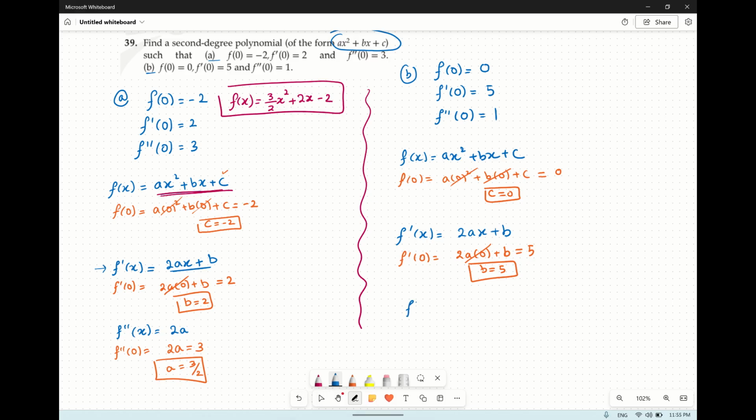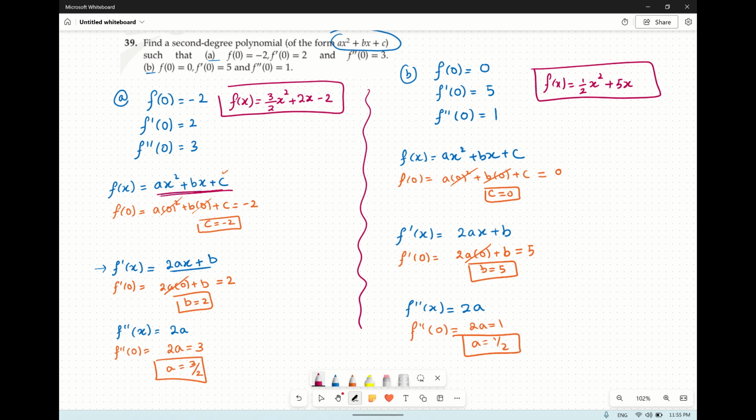Now f double prime of x is going to be 2a, and they are saying that f double prime of 0 is 1. So 2a is 1, so a is 1 over 2. So now I go and I write my final answer. F of x is going to be 1 over 2 x squared plus 5x plus 0, or there's no need to write the plus 0, and that's it for this one.